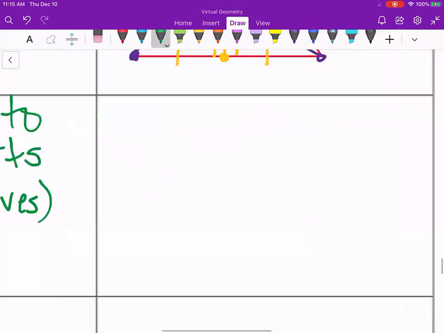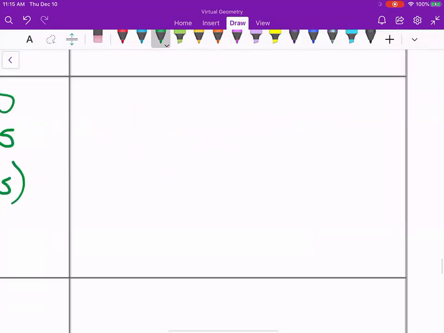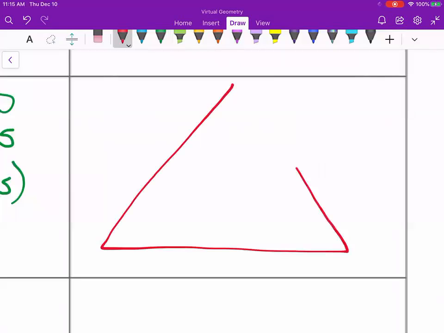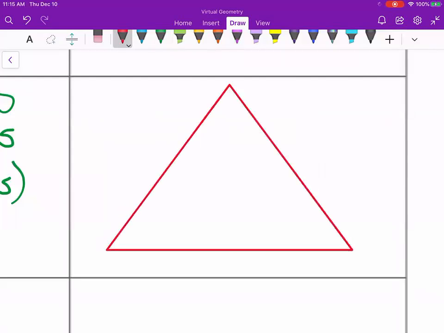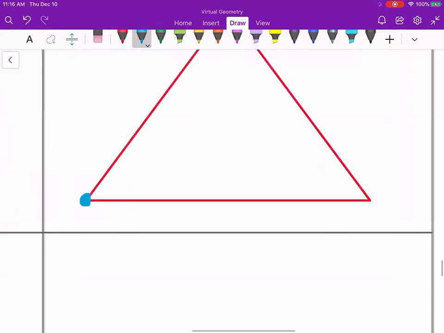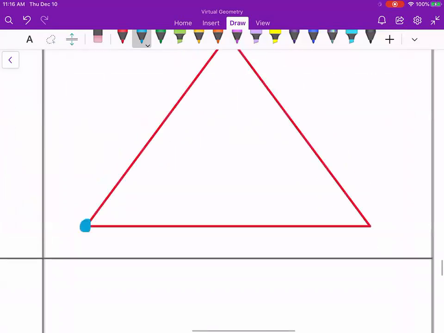All right, so let's make another triangle here. Okay, so there's our triangle. And again, at all three vertices, like the property says, we start at the vertex and we have to cut each of these angles in half. That is not in half.